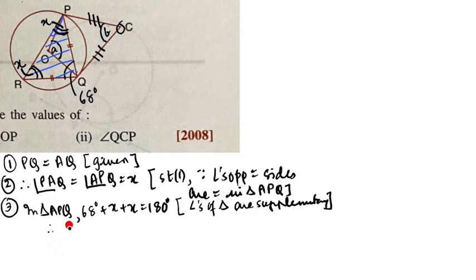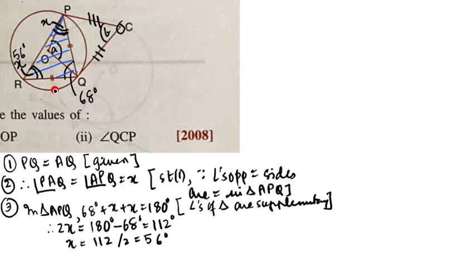That will give us, therefore 2x will be equal to 180 degrees minus 68 degrees. 60 gone so 120 and 8 gone so 112. So x will be equal to 112 divided by 2, which is equal to 56 degrees. So we are having this angle over here, x is equal to 56 degrees.